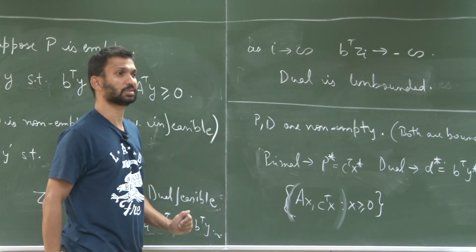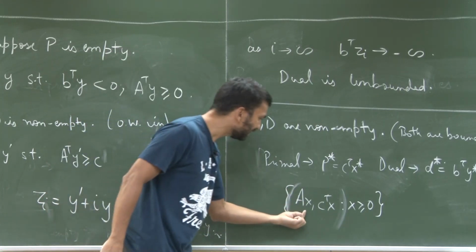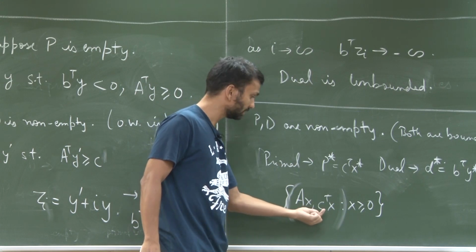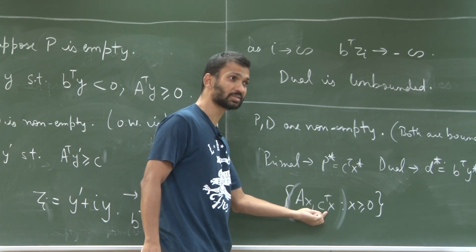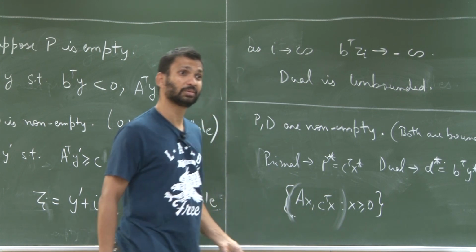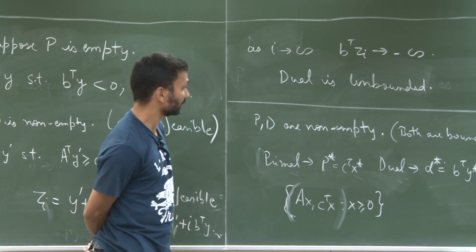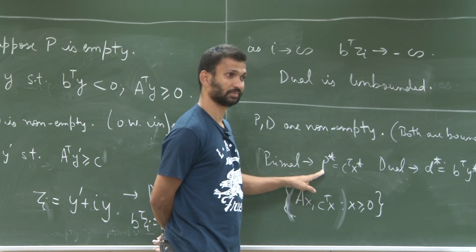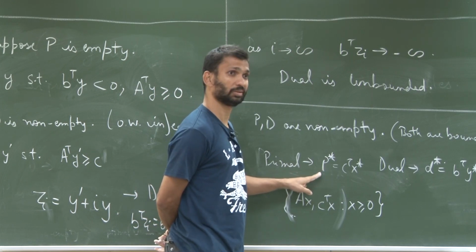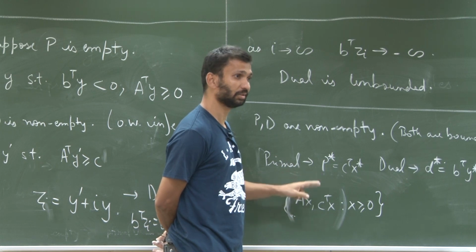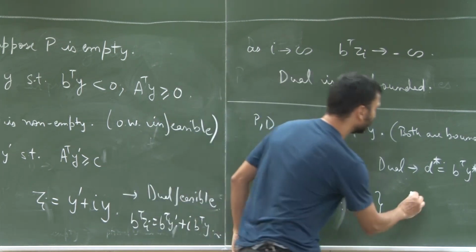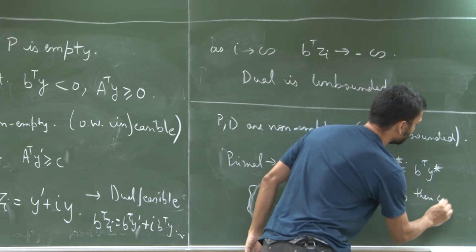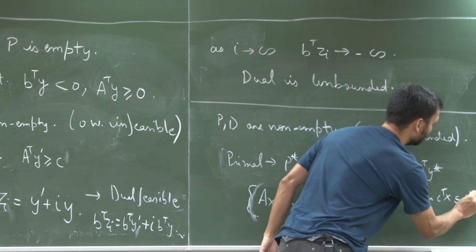What do I know about this? If Ax is equal to b, then C transpose x is less than equal to P star. That is the optimal. Right? So what do I know? If Ax equal to b, then C transpose x is less than equal to P star.